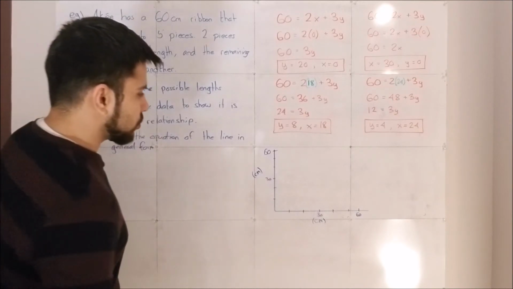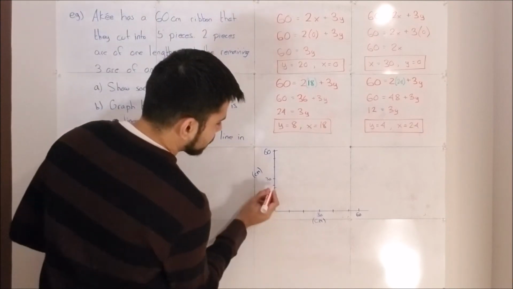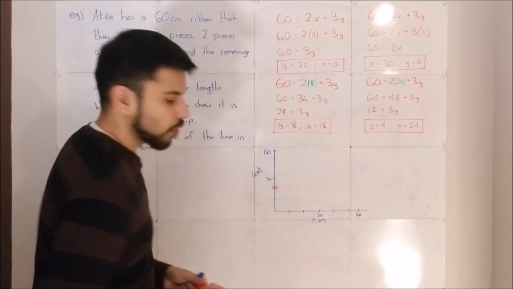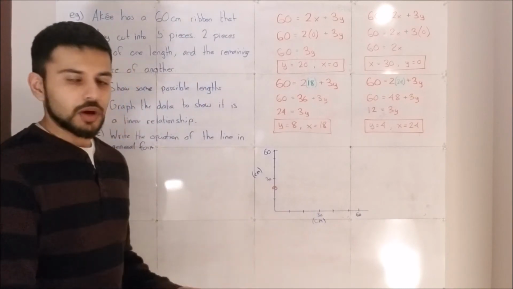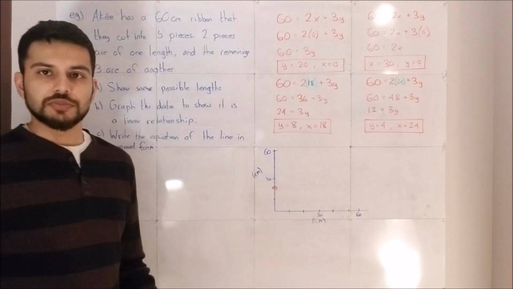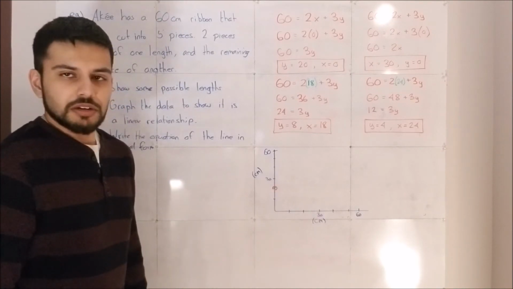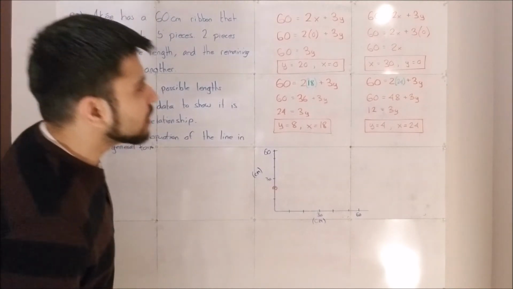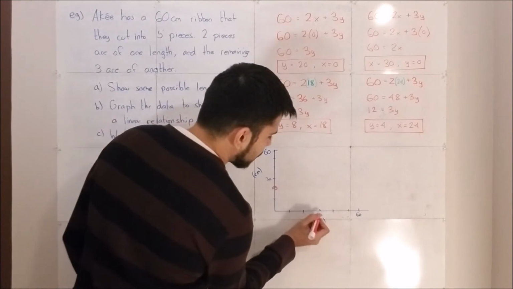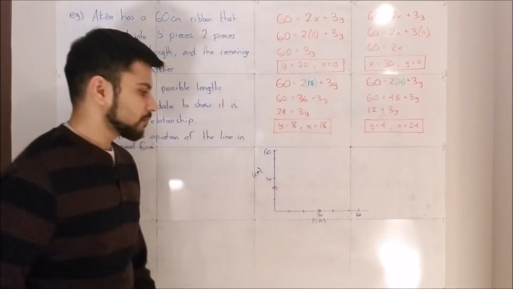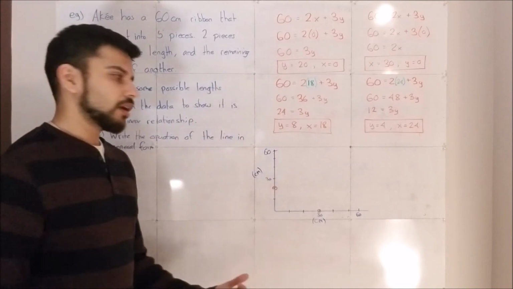At y equals 20, which is over here, x is equal to 0, so I'm going to put an open circle. Also, by using logic, I know all my values have to be positive, so I'm only drawing this quadrant of the graph. If you recognize that, great. If not, that's not an issue. My other point is when y is equal to 0, my x value is 30, so that's over here. Again, it's an open circle because those points cannot exist.